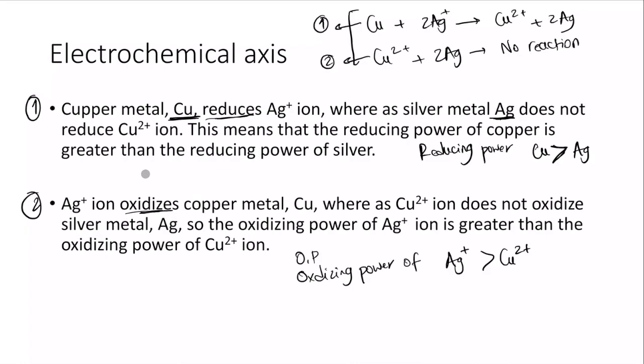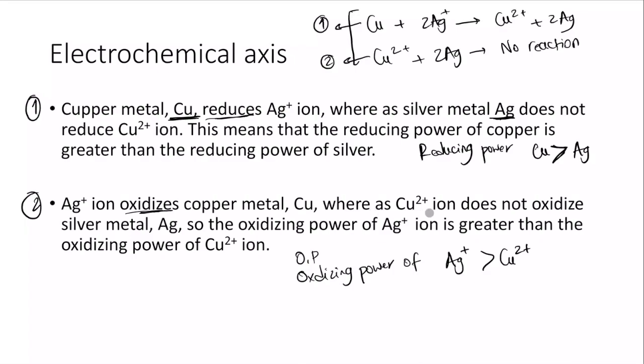Why are we comparing? Let's read it another time. Ag+ ion oxidizes copper metal. Here we have Ag+ ion obliging Cu to undergo oxidation, to lose 2 electrons to become Cu2+, right? So Ag+ ion was able to oxidize copper metal, whereas Cu2+ wasn't able to oblige Ag to lose electrons.